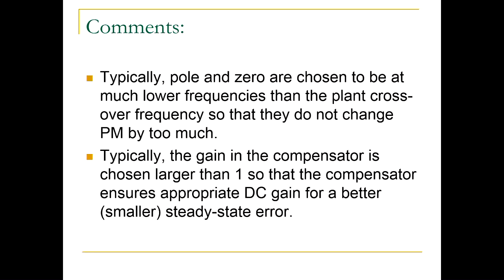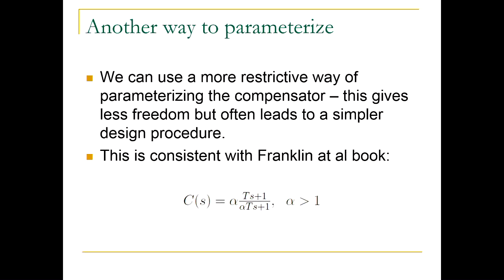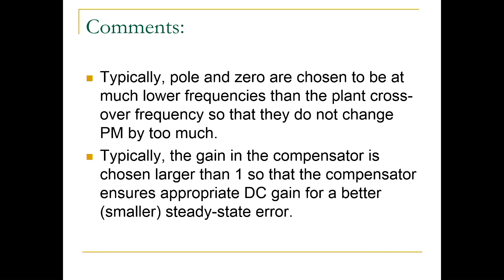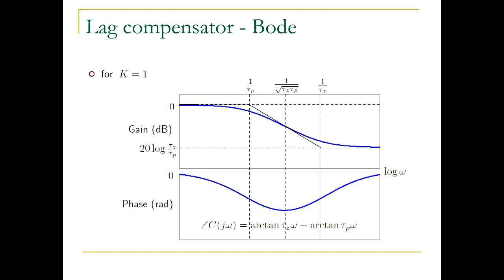All right, so typically in all lag compensator designs, you will choose both corner frequencies to be much lower than the crossover frequency. What does this mean? The corner frequencies are these two frequencies, where the asymptotes break.